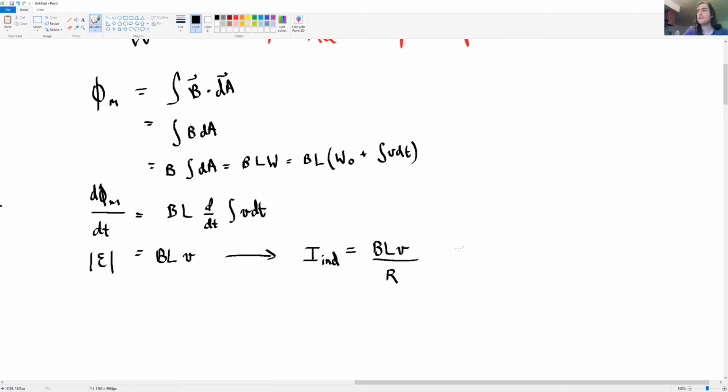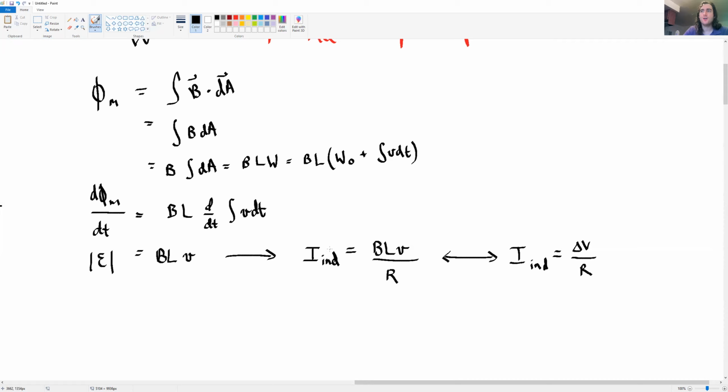And now we can clearly see there's going to be some sort of balancing here. I induced is delta V over R. If this guy is going to accelerate, it's going to accelerate up to some certain velocity. At some point, this thing is going to reach a state where the induced current here, based on this velocity, if the velocity continues to get bigger and bigger, we can clearly see the induced current is going to get bigger and bigger, right?